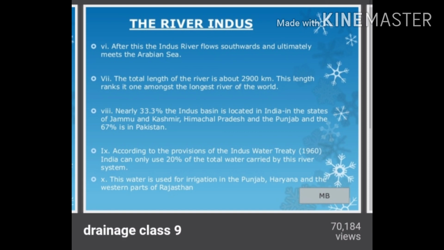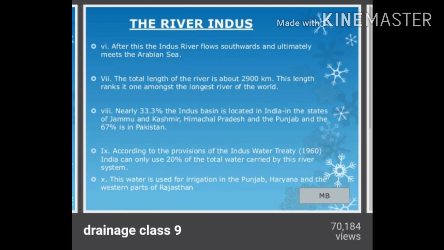So here we can see that the Indus River is very important for both countries, but only 20% of the water of the Indus River can be used by India and the rest is used by Pakistan. So that was the treaty signed by India and Pakistan in 1960.